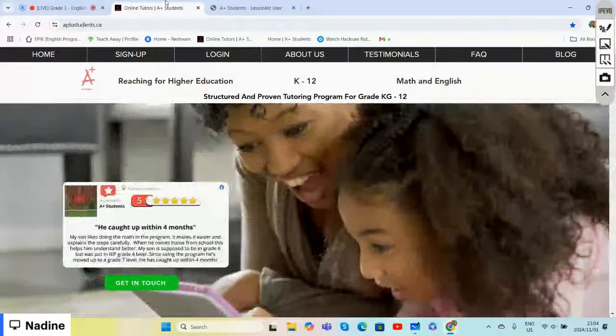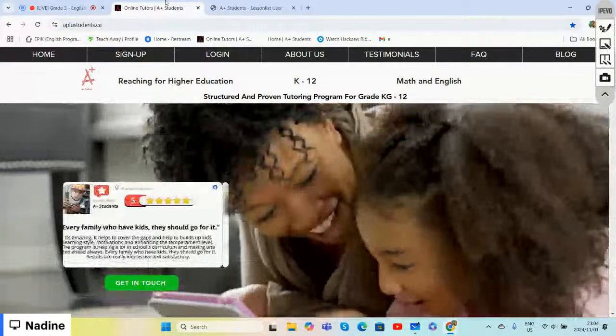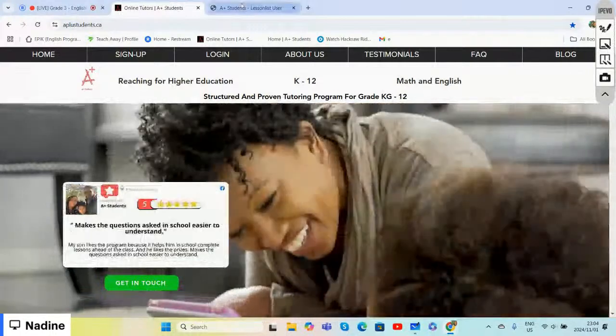Then we're going to scroll down until we get to our chapter of sentence types.